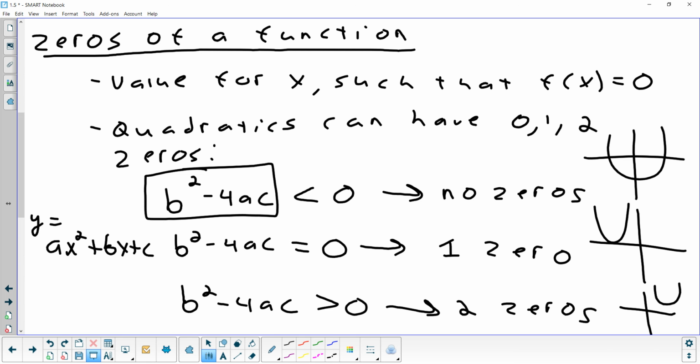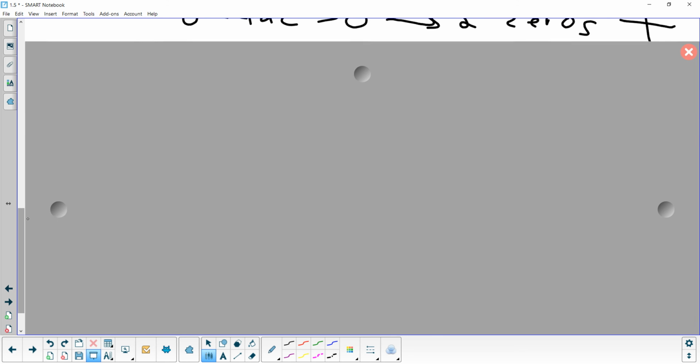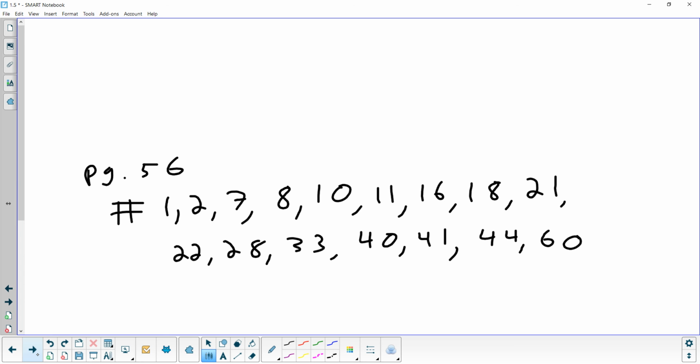All right, so that's all that b squared minus 4ac is used for. For example, in the homework, I think number 44 is the problem that's going to use b squared minus 4ac. If you guys have any questions on that, we can take a look at that a little bit more tomorrow.